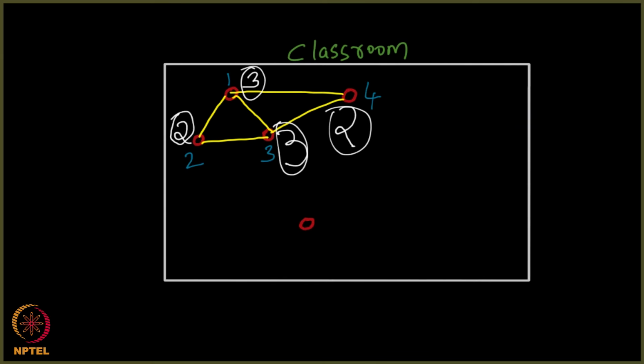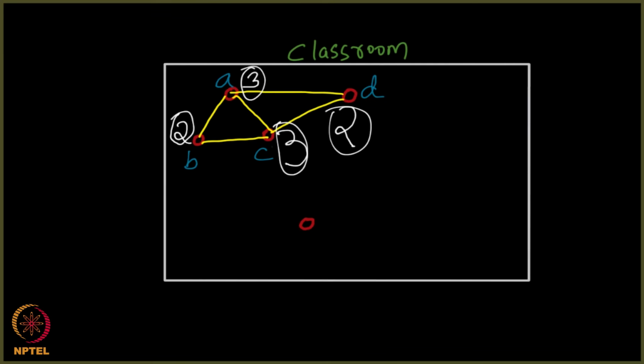So let me do one thing. I will remove the numbers here for clarity's sake. Let me instead call it A, B, C, D. It's confusing when I name the nodes as numbers and then also talk about their degree. Okay, let me call it A, B, C, D, and now there is a new fellow, E.